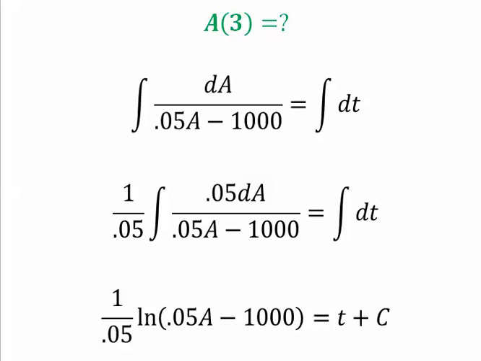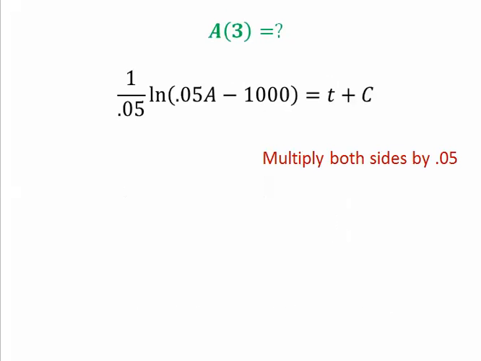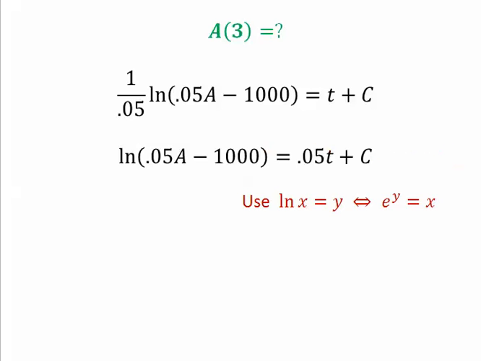All right, now what do we do next? Let's multiply both sides by 0.05, and now use the log rule.